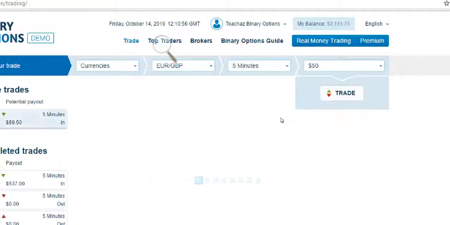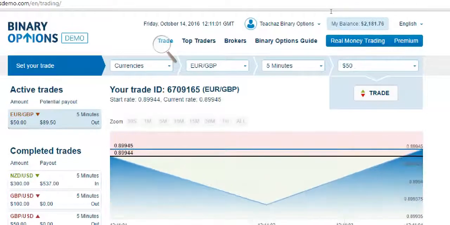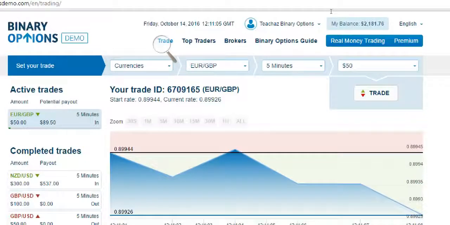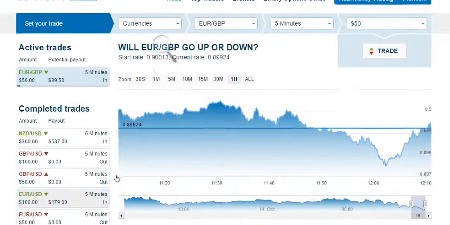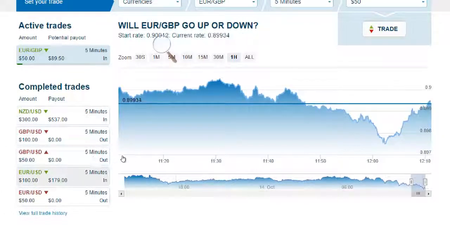As you can see, guys, here I already have 2,231, which I won. I started with the 1,000. I won the 1,000 over like 1 day's time. So you can see even my previous trades here, the strategy that I was using, I lost here the 50 bucks. I put 100 on the next signal and I won.